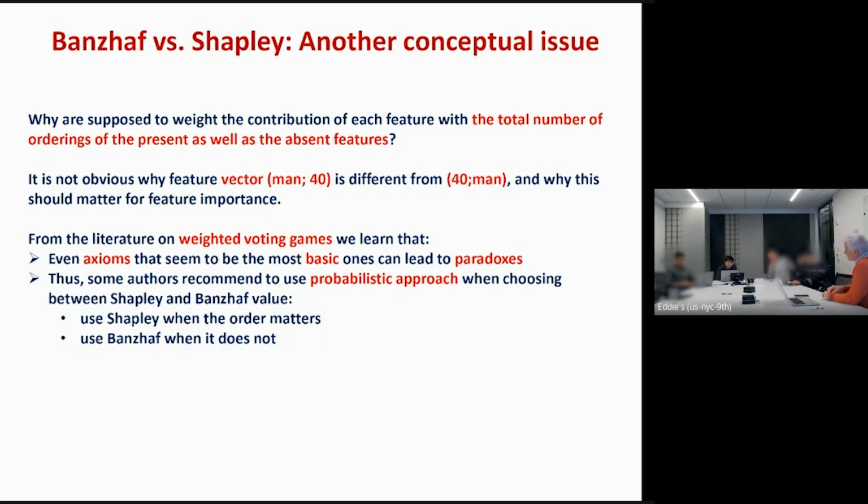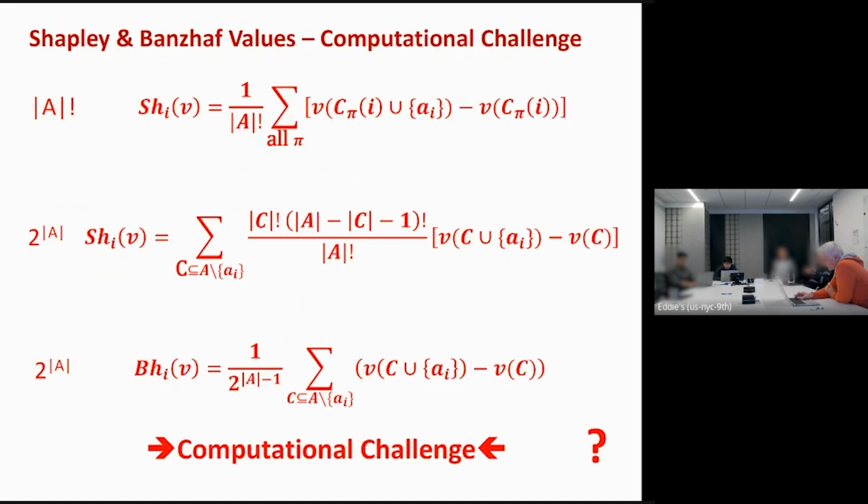So it's not that they are the same. If you consider concrete games, then these two things are different. It's nothing formal I'm saying right now. It's just a takeaway message, a gut feeling of the guys from economics that when the order matters, Shapley value is somehow better, but when the order does not matter, Banzhaf value is slightly better.